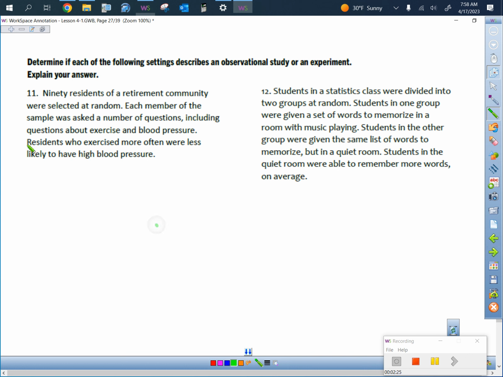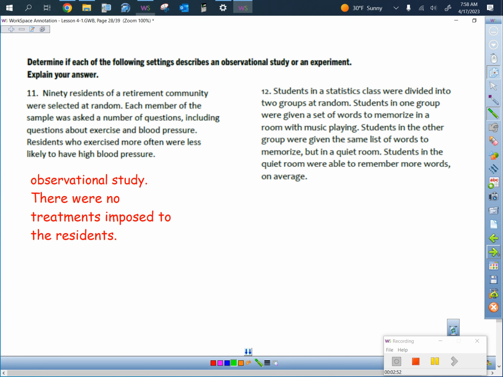So they figured something out from what the question is, what did they do? Did they do an experiment or did they do an observational study? Did they make the old folks do anything, or did they just ask them questions and record their answers? Or did they make them exercise, or did they ask them questions about exercise? If they just ask them questions and record that, that is an observational study.